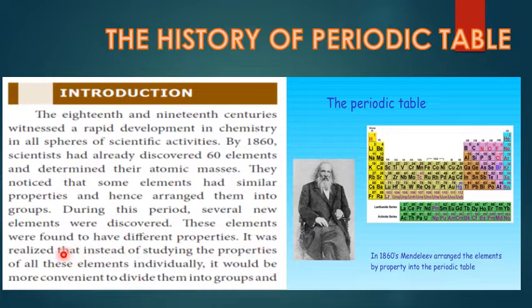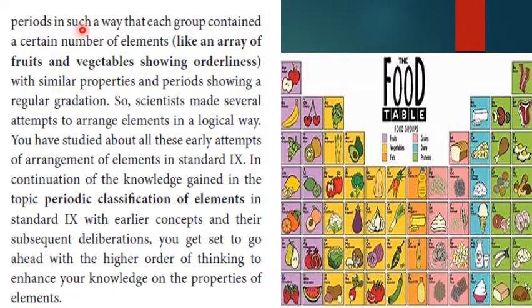It was realized that instead of studying the properties of all these elements individually, it would be more convenient to divide them into groups and periods in such a way that each group contained a certain number of elements, like an array of fruits and vegetables, showing orderliness.